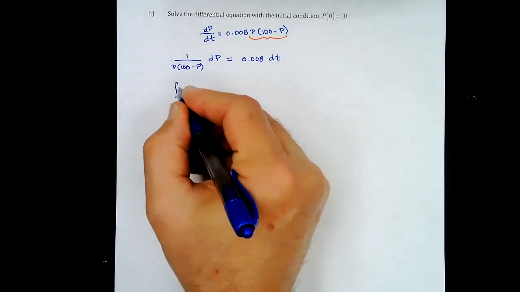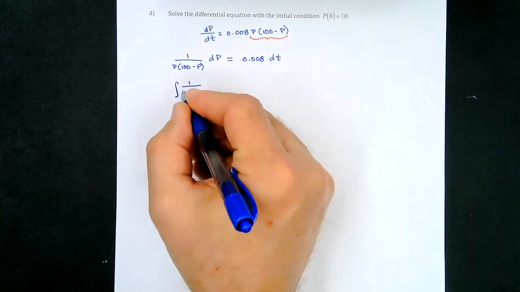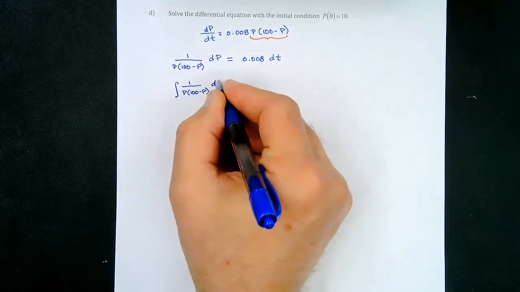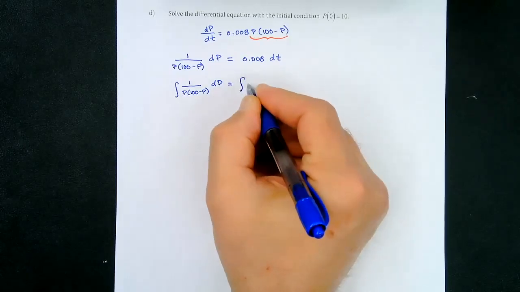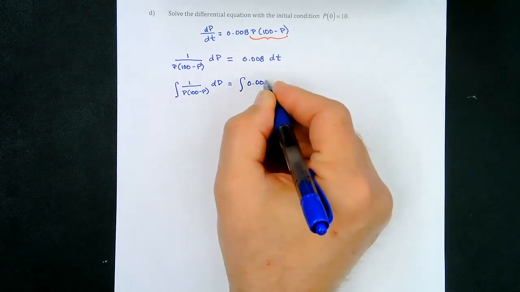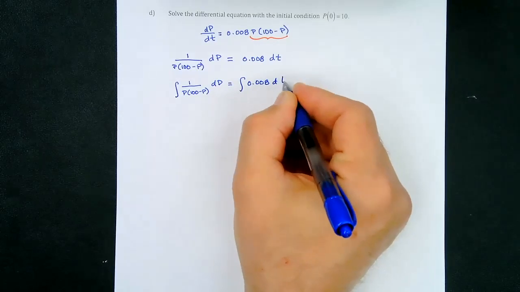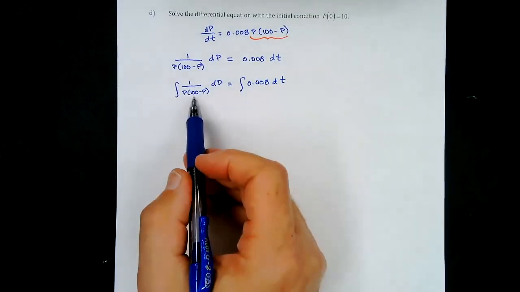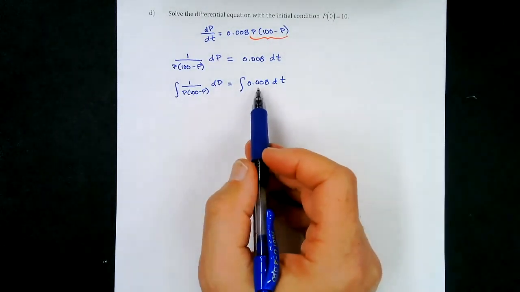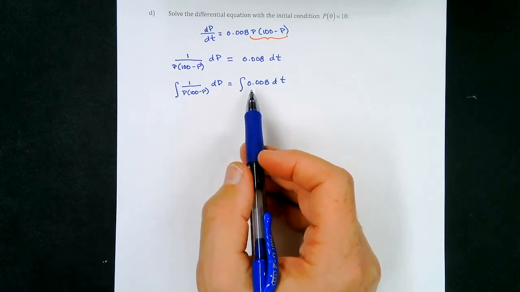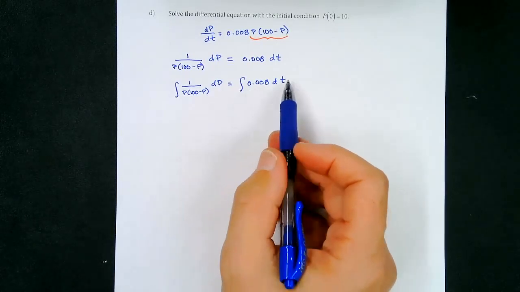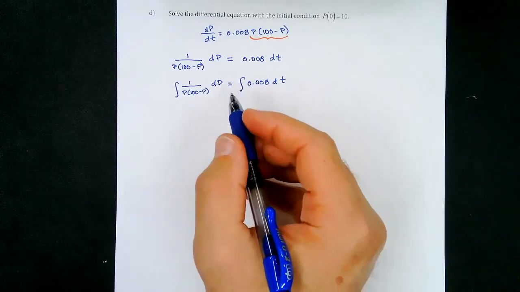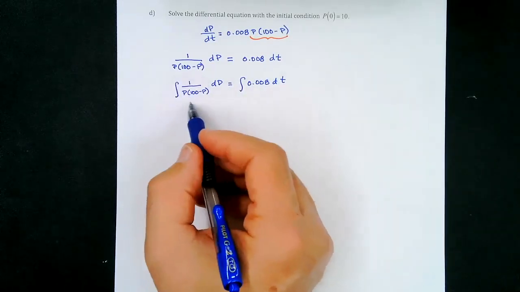So we're going to integrate this side: the integral of 1 over P times 100 minus P dP is equal to the integral of 0.008 dt. All right, so now here's the problem. The right-hand side is going to be easy because this would be just 0.008t plus some constant C, right? That's what this is going to be because this is just a constant. And so this one, we have to figure out how to do this one.